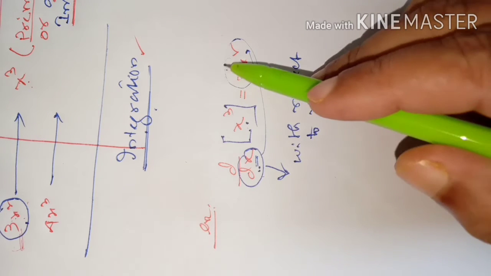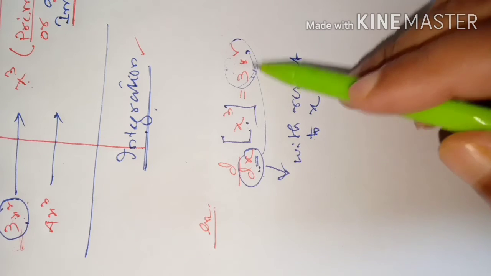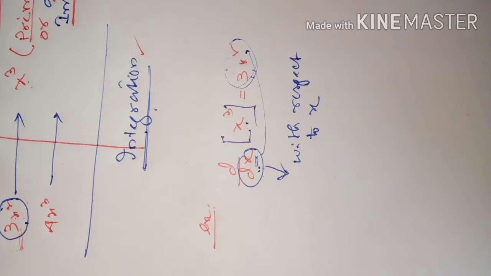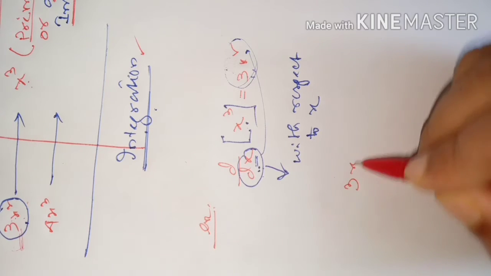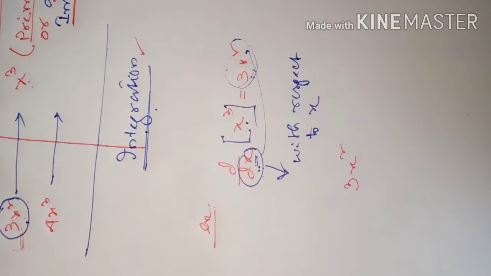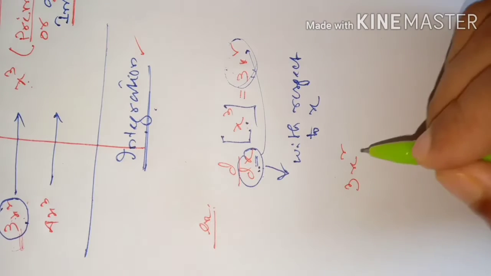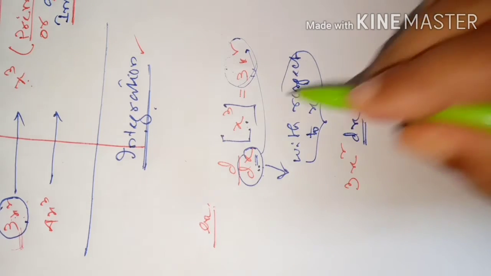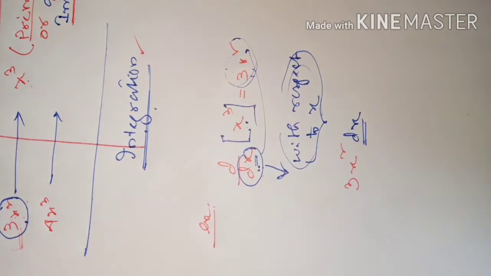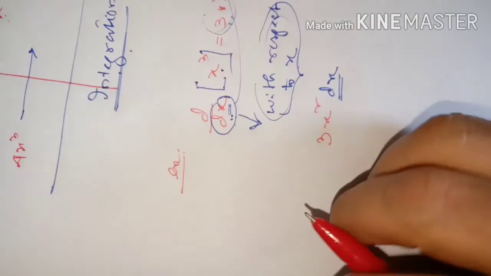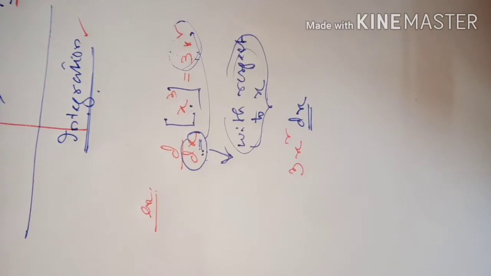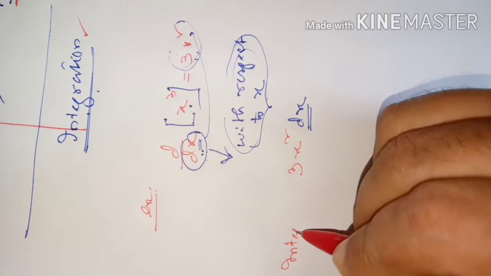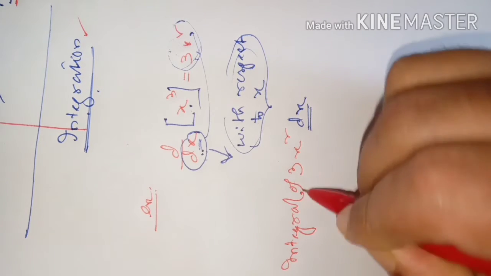So its primitive we have to write like this: 3x squared, and since it is with respect to x, you have to write dx. This dx stands for the language 'with respect to x'. And since you are doing integration, in front of this you have to write the integral of.